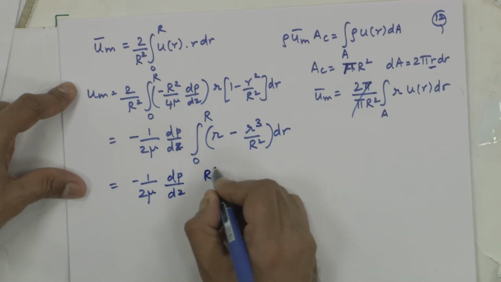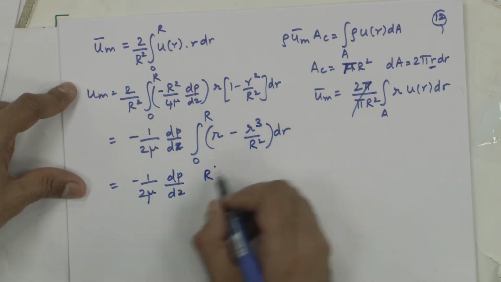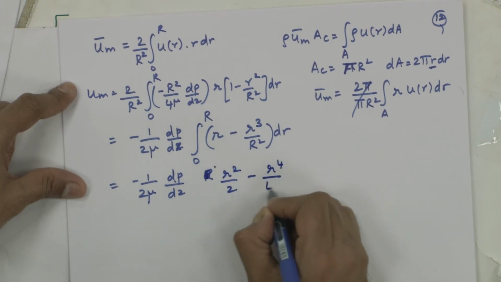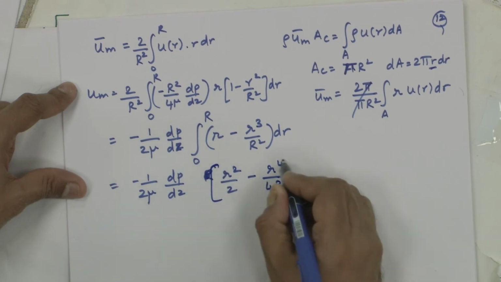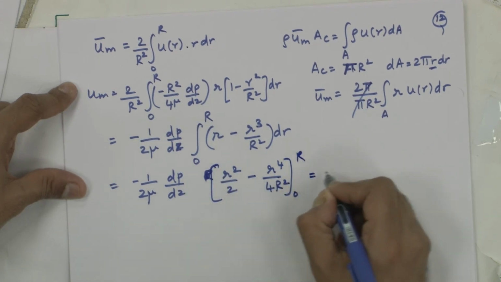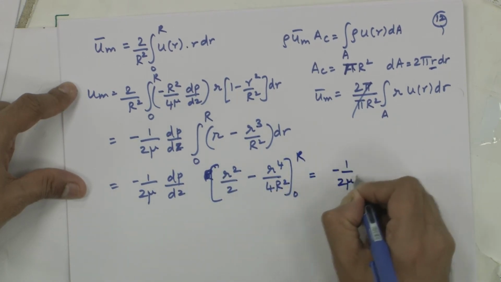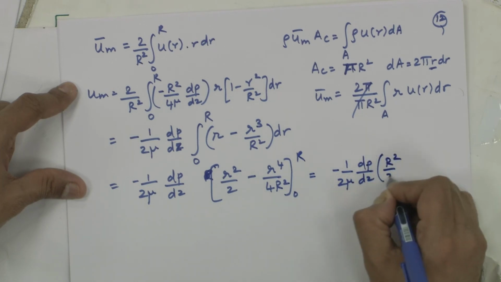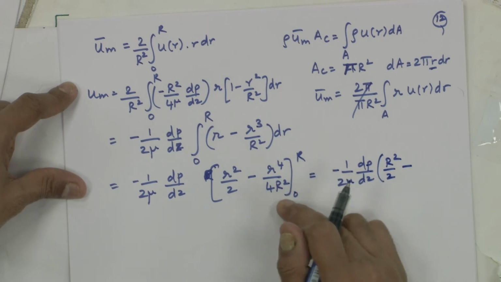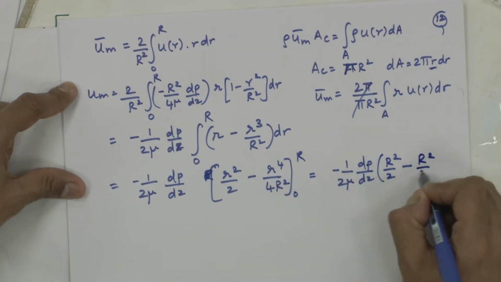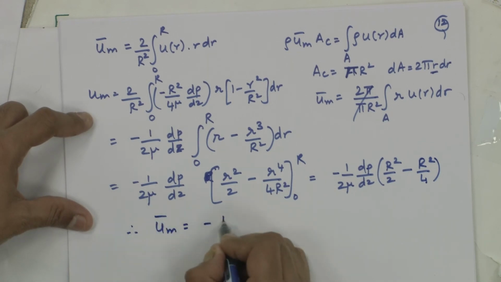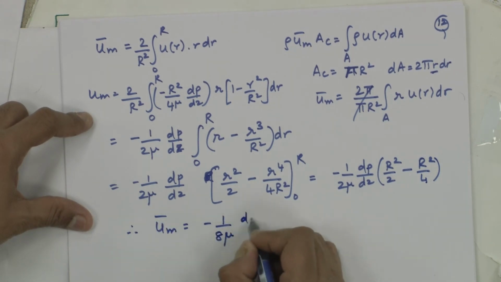This is the integral of r squared by 2 minus r to the power 4 by 4 R squared, from 0 to capital R, which is minus 1 by 2 mu dp by dz times R squared by 2 minus R squared by 4. Therefore, u bulk mean is minus R squared by 8 mu dp by dz.